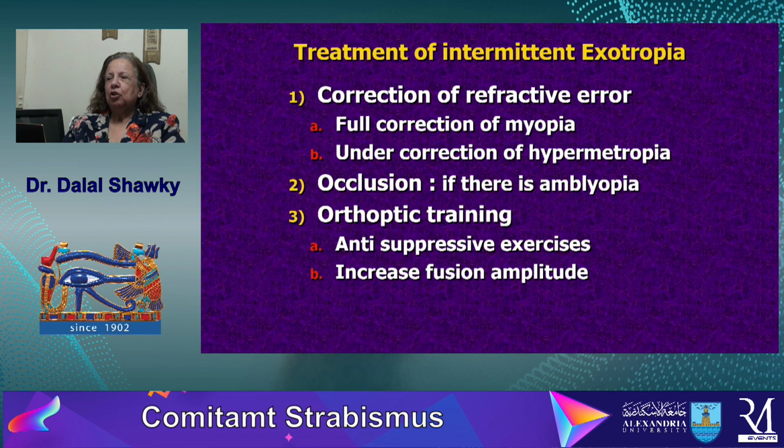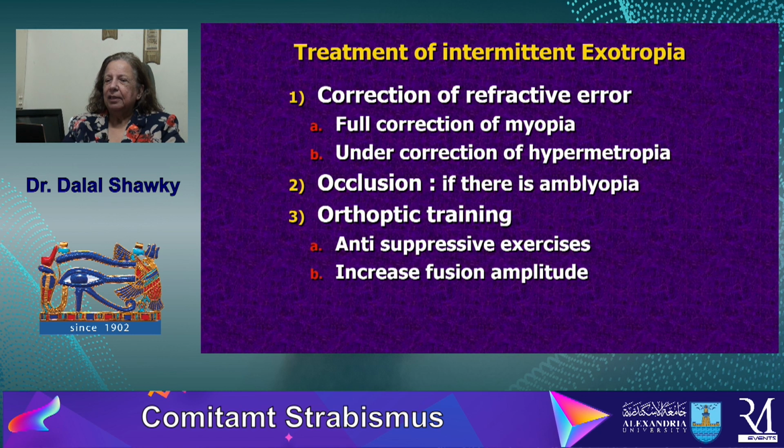How to treat intermittent exotropia? Also 4 items of treatment: glasses, occlusion, exercises, and surgery. Glasses: the concept of giving the glasses is to make the child use his accommodation to correct the exotropia.